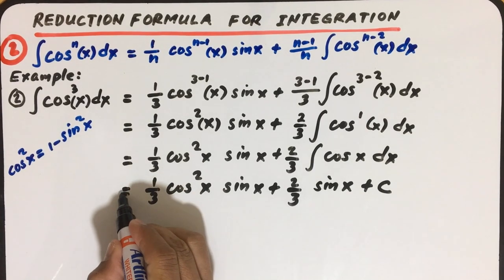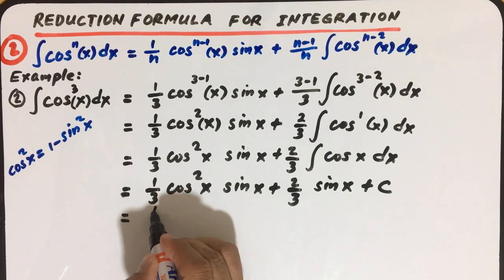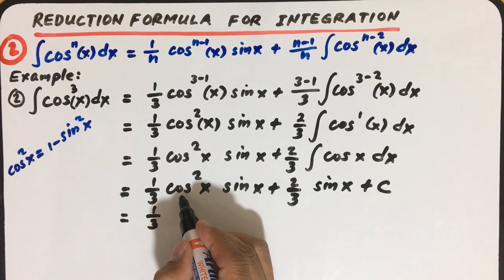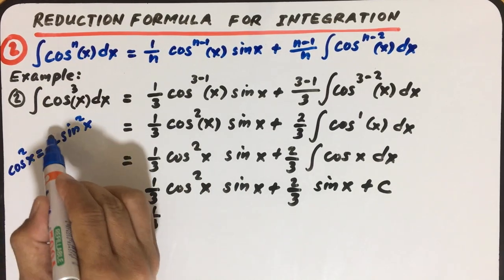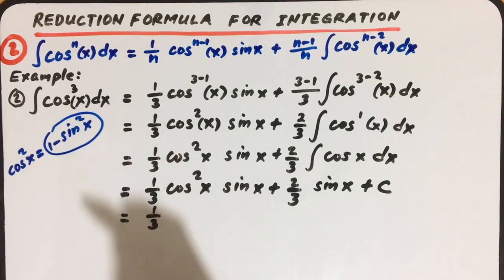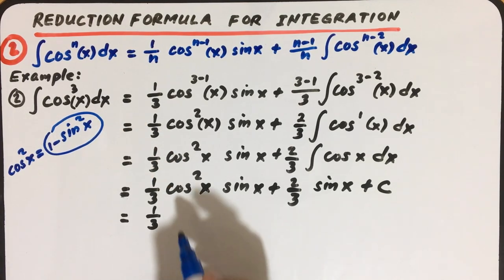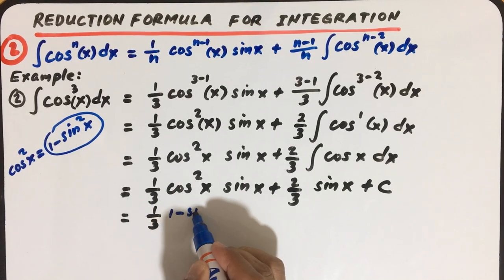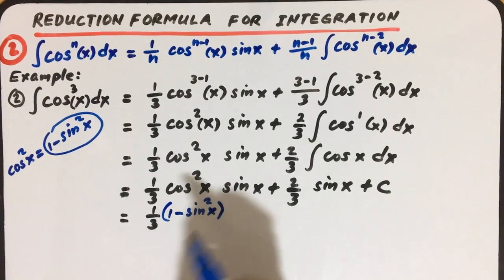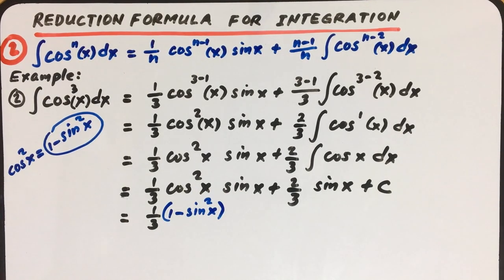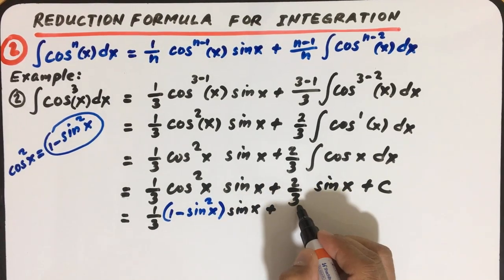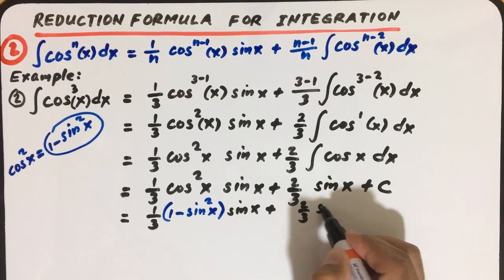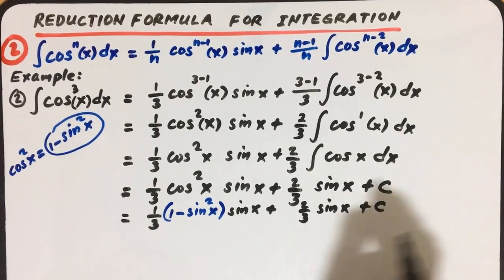So we can rewrite our answer as 1/3, instead of cosine squared x, we have to use this equivalent using the trigonometric identities. So we have 1 minus sine squared x. Okay, so that's equivalent to cosine squared x, then times sine x, then plus 2/3 of sine x plus c.